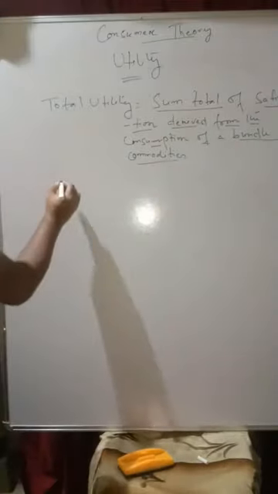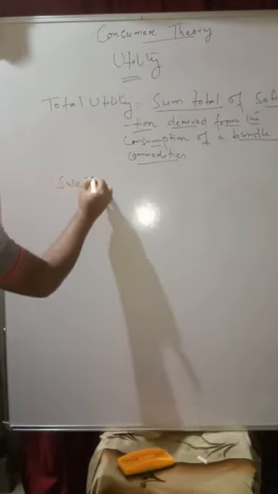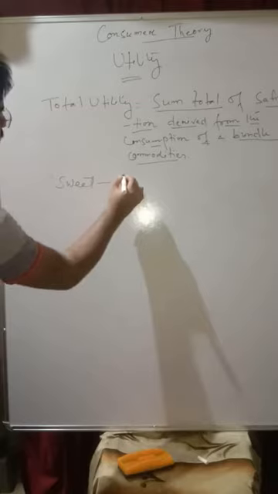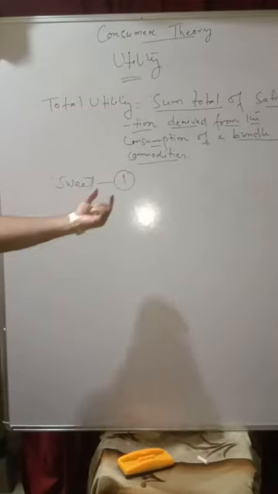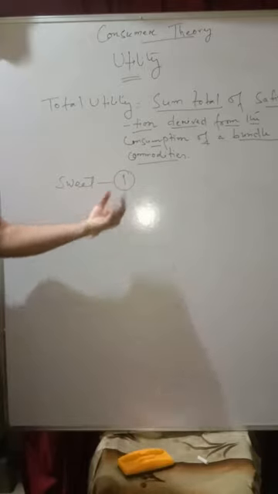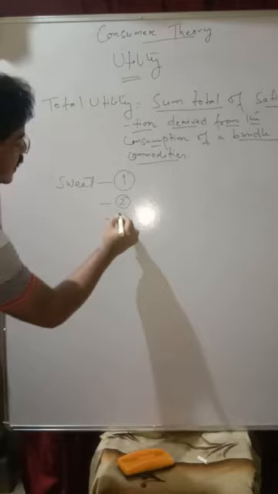Now suppose you are consuming sweets, and that is your first unit of sweet. At the outset you consume the first sweet, then you take the second one, then you take the third one.